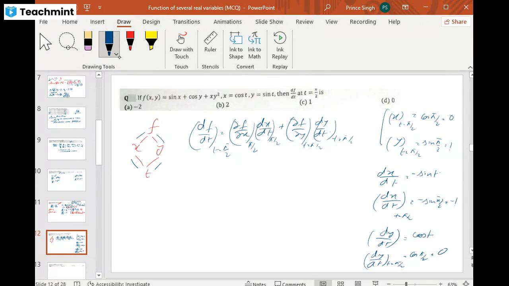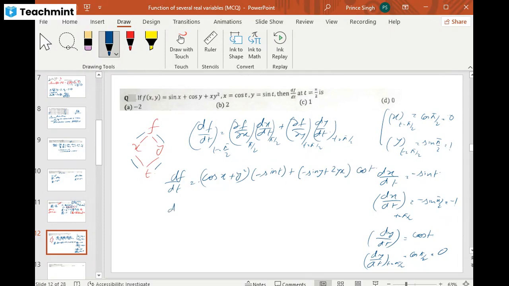Okay, so what is the derivative of f with respect to t? Firstly I calculate df upon dt. The partial derivative with respect to x is cos x plus y square, and dx upon dt is minus sin t. Its partial derivative with respect to y is minus sin y plus 2yx, and the derivative of y with respect to t is cos t.